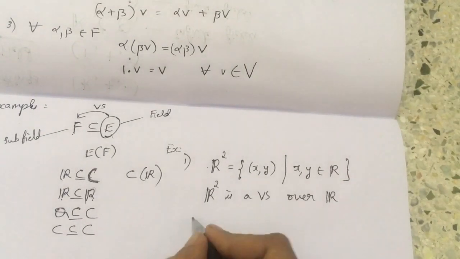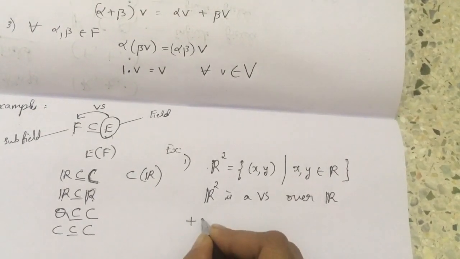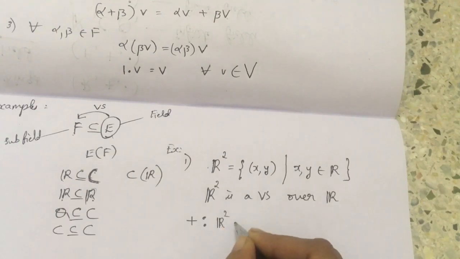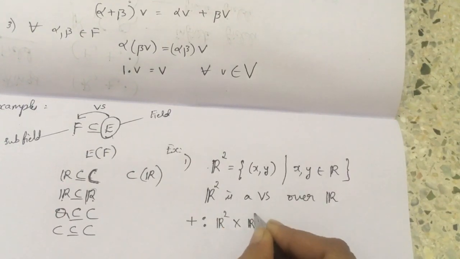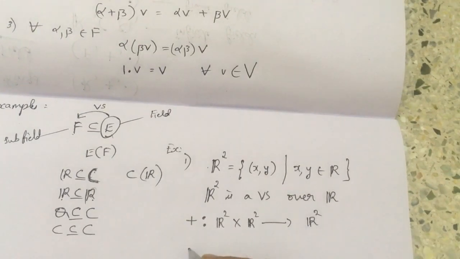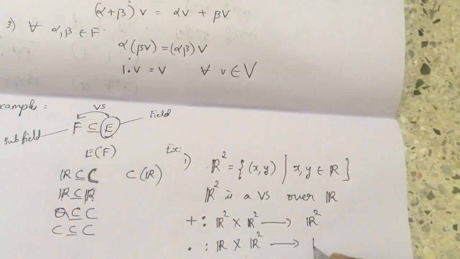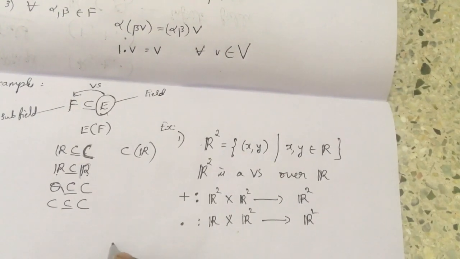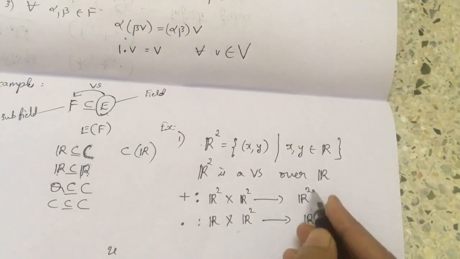How is the addition defined over here? Elements from R2 cross R2 give an element of R2, and for multiplication, elements from the set of real numbers along with R2 give an element of R2. Let me take U, an element from R2.